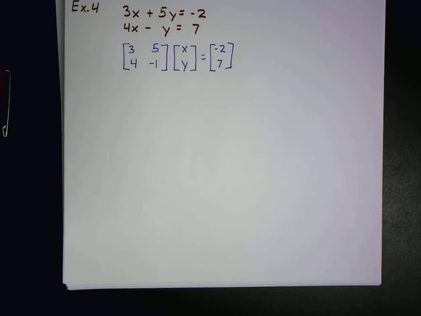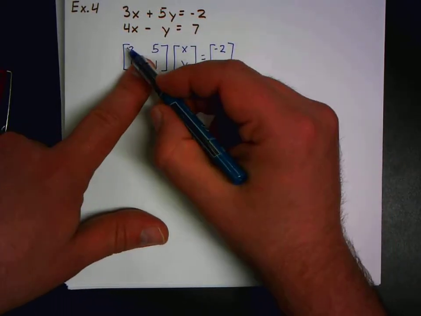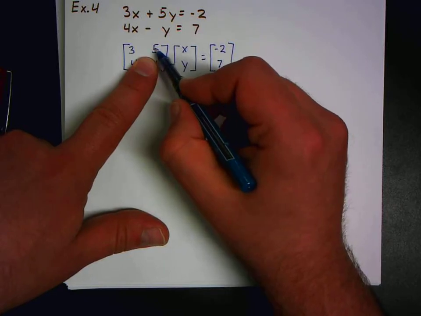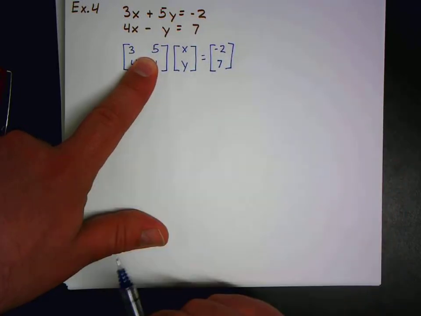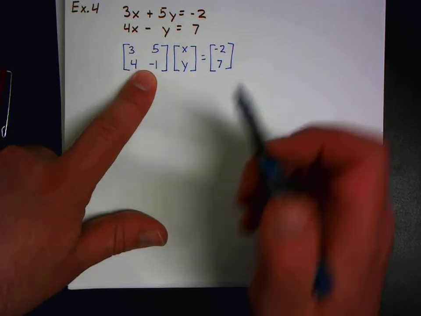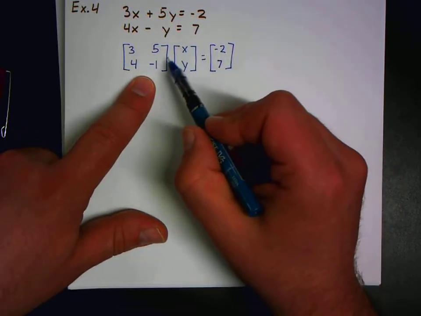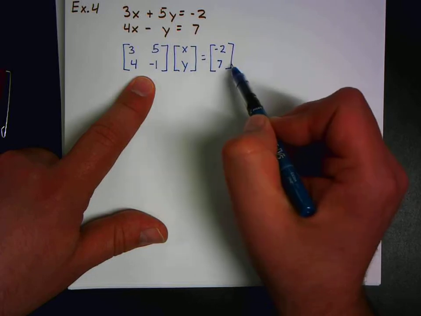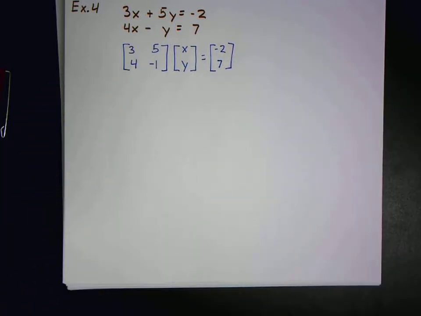If you did that multiplication, you would get your equation back, right? Row times column. So 3 times x plus 5 times y equals -2. That's my equation back. If I take the second row, 4 times x plus -1 times y equals 7. There's my second equation. So that's why we can write it like this. It still equals our equations.